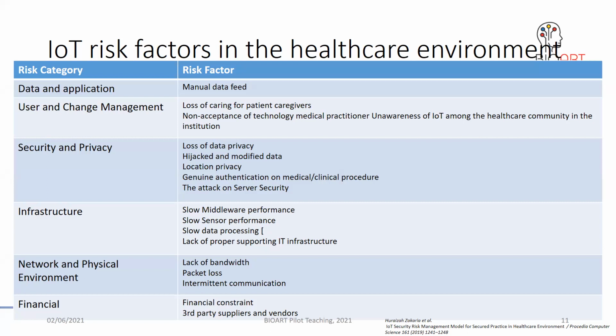And we can see that generally each stage of our IoT application contains a variety of risk factors which could cause problems, and which could cause an effect on the patient health.